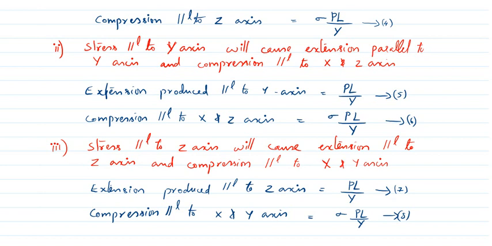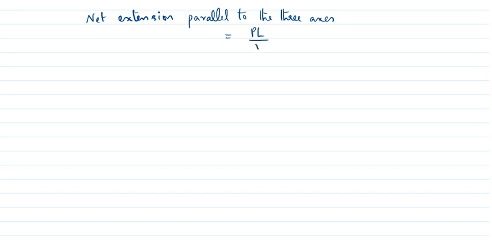So we get the same type of equation here, and we have to find the net extension parallel to the three axes. The net extension parallel to the three axes is given by PL divided by Y, that is the extension happening here, and we will get two compressions here.